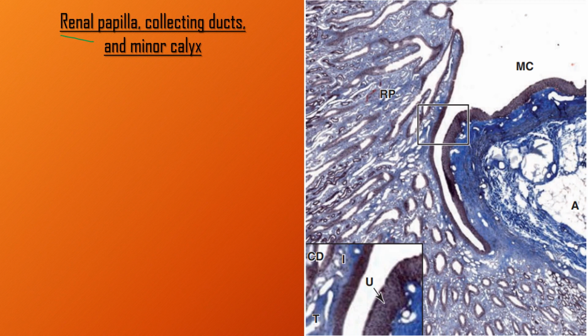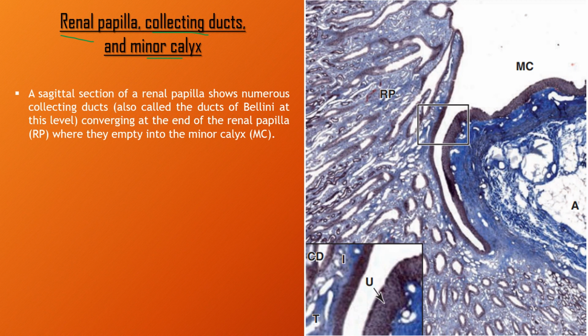Renal papilla, collecting duct, and the minor calyx. As you can see in this image, it is a sagittal section of the renal papilla, which shows numerous collecting ducts, also called the ducts of Bellini, converging at the end of the renal papilla, where they empty into the minor calyx.